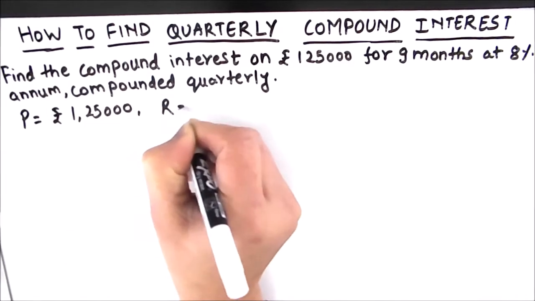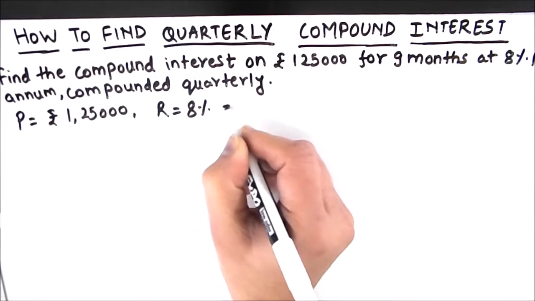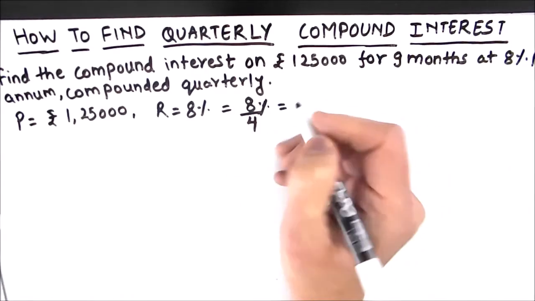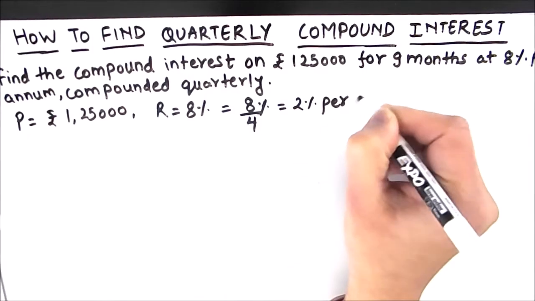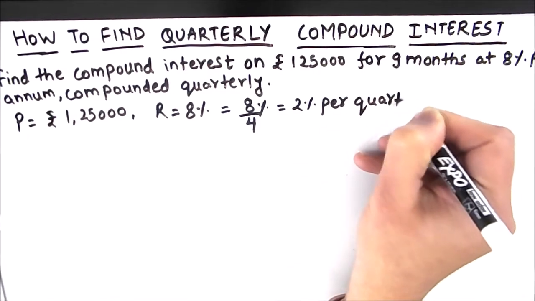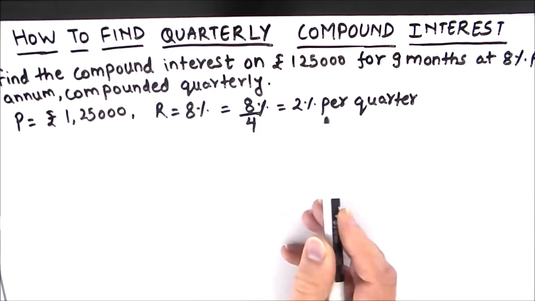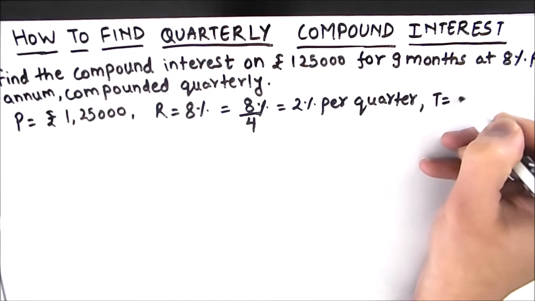Rate of interest is given as 8% per annum. So that will be equal to 8 divided by 4%, which is equal to 2% per quarter, because there are 4 quarters in a year. So we divided the percentage which is per annum by 4 to get the per quarter interest rate. Time is given as 9 months.